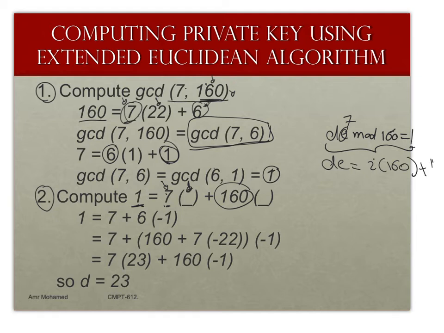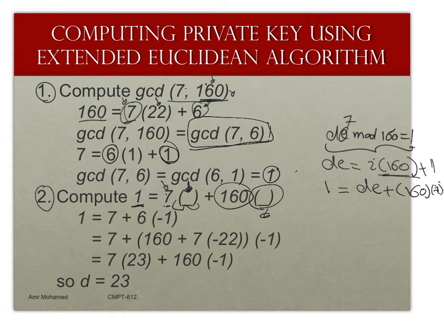If we move this to the other side, the 1 becomes DE plus 160 times minus I, which is some multiple of the 160 that we don't care about. We don't care about the I. What we care about is this number, because this is the multiplicative inverse. So that's what we need to calculate.